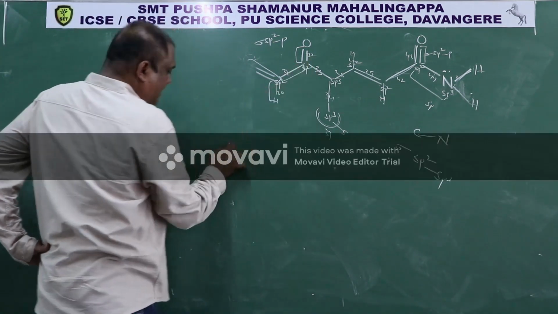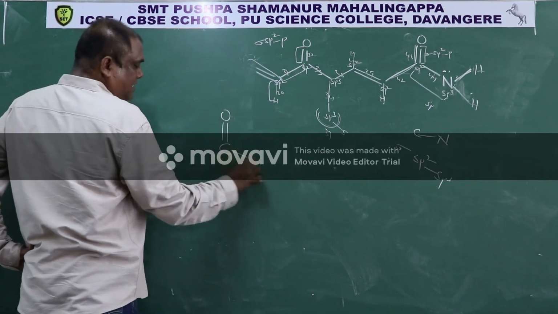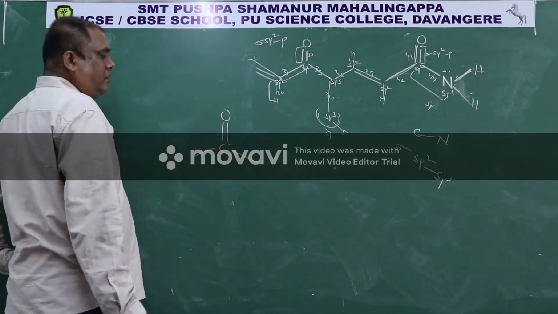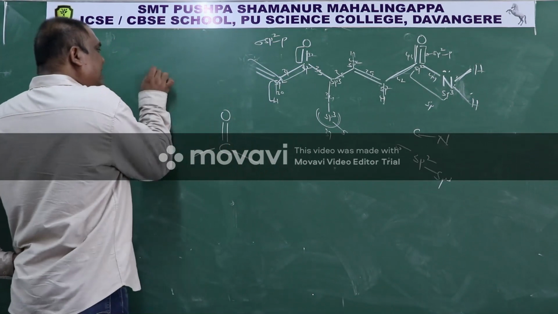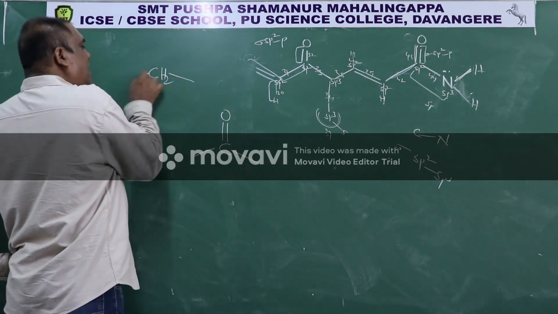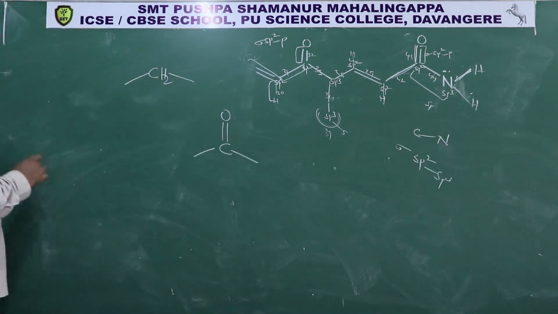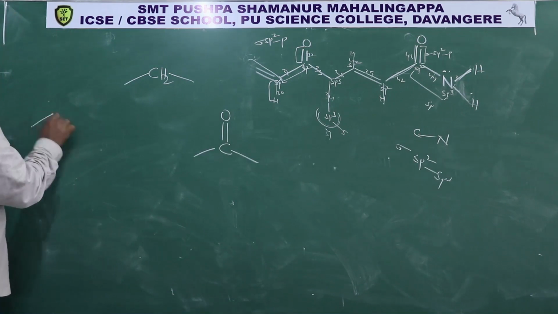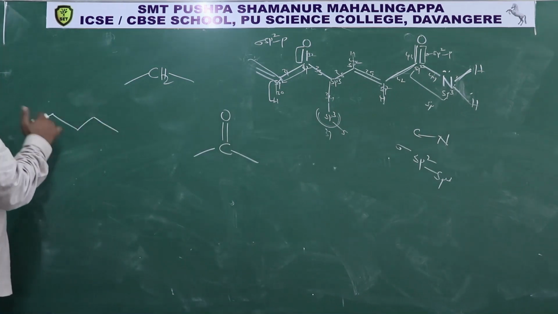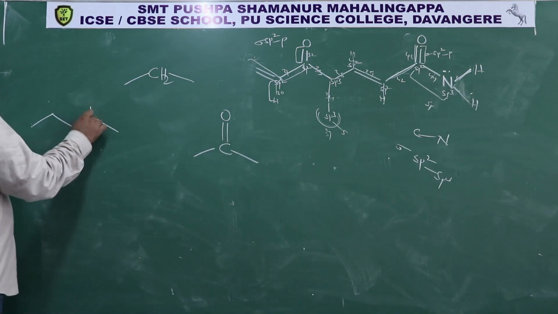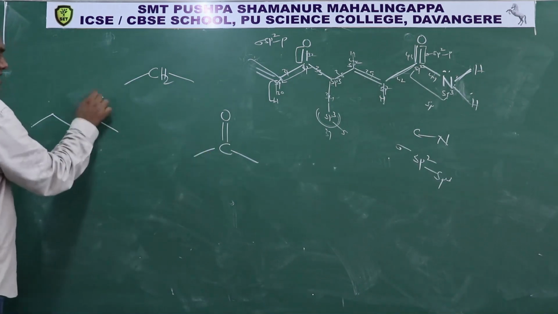Now here we have carbon double bond oxygen. If it is not there, instead it is CH2, an ordinary chain. This will have one type of properties. But if it is a double bond, then this functional group has another type of properties.